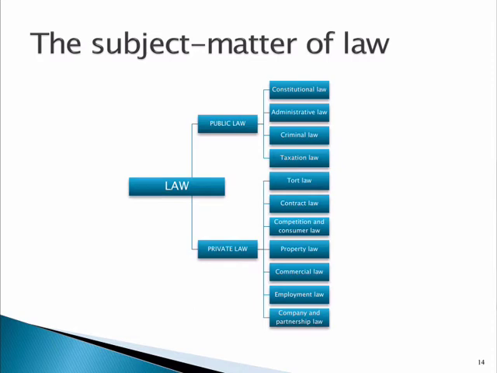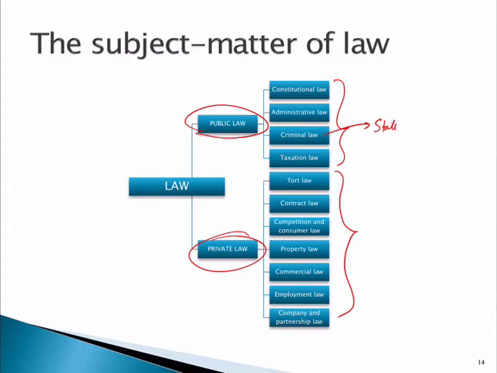Underneath each of these areas of law, public and private, you can see a whole series of different topics of law. Criminal law is a kind of public law. Why? Because the state prosecutes you. The state says you're not allowed to assault someone, and then it is the one that actually prosecutes you, not the person who was assaulted.